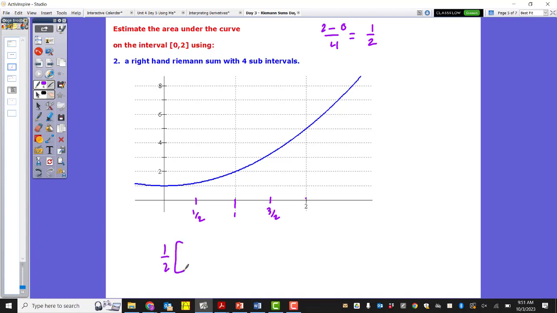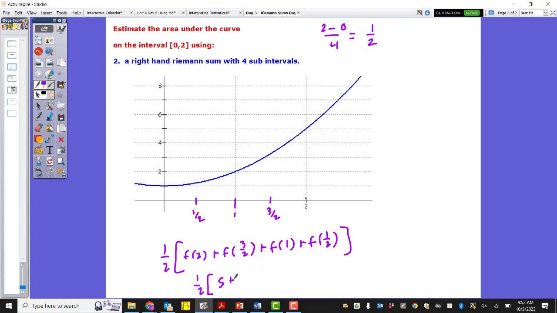And then we're going to use the right side of each of those subintervals. So the right side is f of 2 plus f of 3/2 plus f of 1 plus f of 1/2. Plug those in. F of 2 is going to be, well, we can see it there, 5.